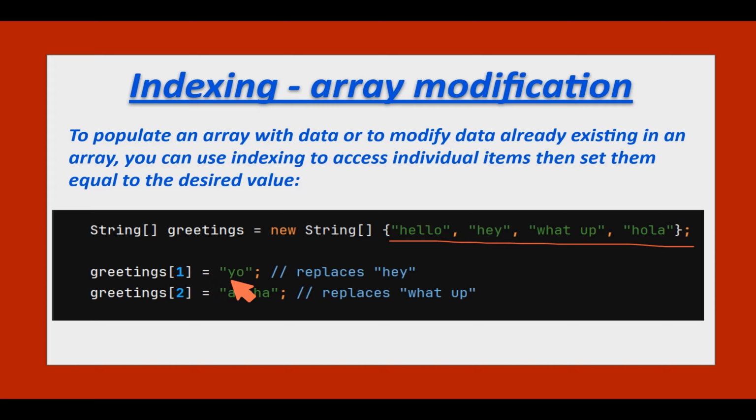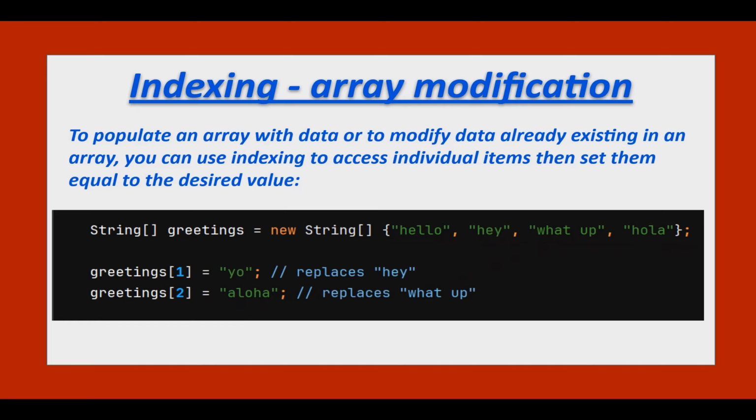This will change hey to yo. That's what this syntax does. Looking at the next one, aloha, that takes element 2 and changes it to aloha. Basically kind of deletes that and inserts it there. So when you use indexing along with the assignment operator and set it equal to something else, it changes the array.